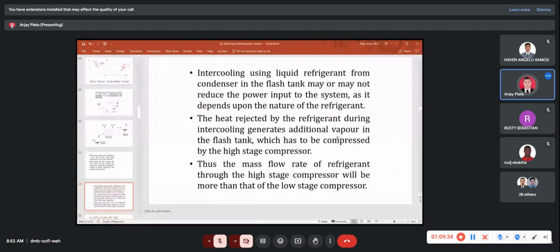Also, the additional heat rejected by the intercooler generates additional vapor in the flash tank, which has to be compressed by the high stage compressor. Thus, the mass flow rate of refrigerant through the high stage compressor will be more than that of the low stage compressor.